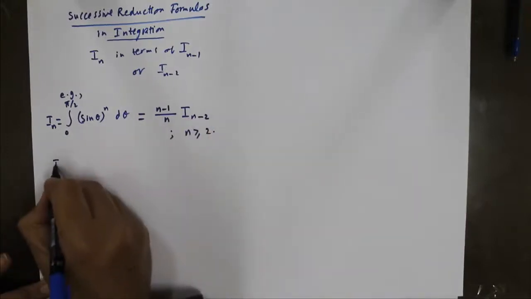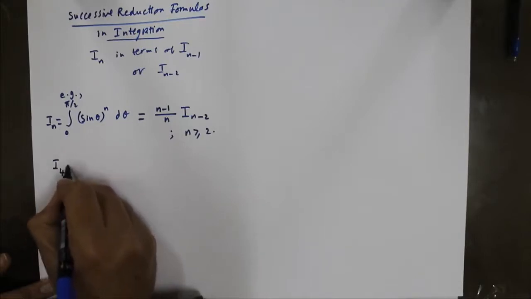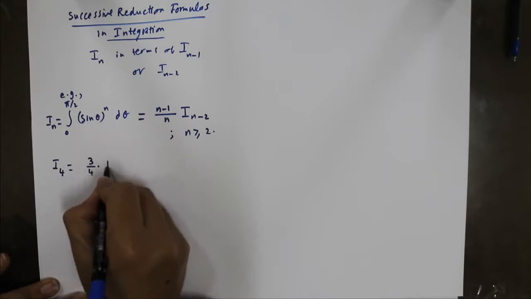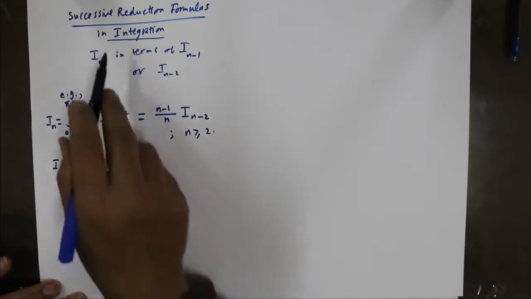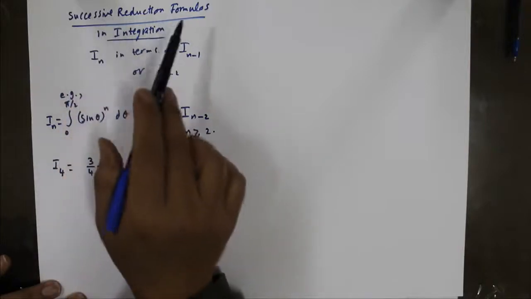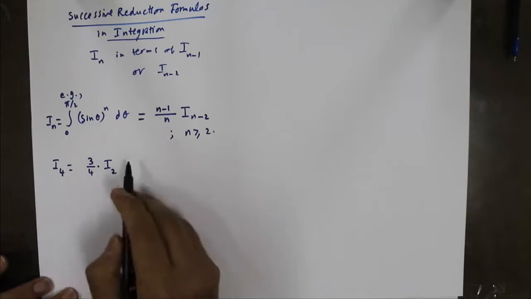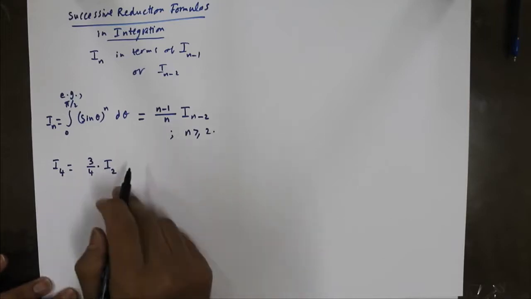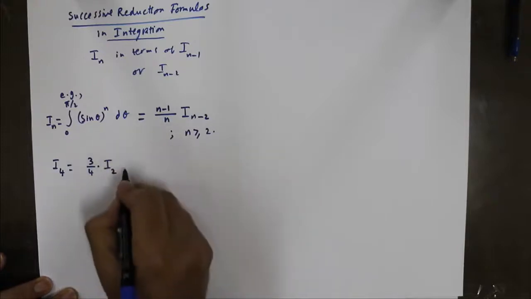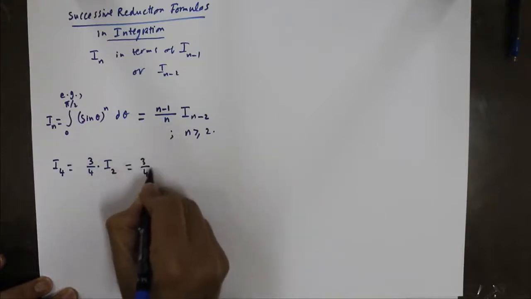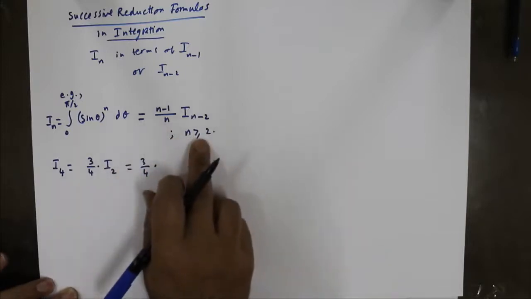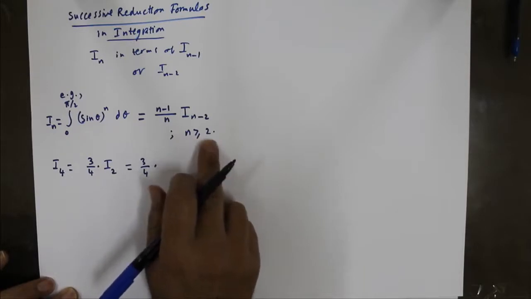For example, if we need to calculate I_4, therefore n equals 4, this is 3 over 4 times I_2. We can repeat the use of this formula again. For this it is called successive reduction. So if we begin by 4, we decrease it by 2, we get to I_2, and then use the same formula again and again and many times till we reach n equals 1 or n equals 0.